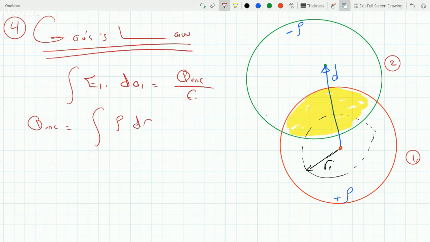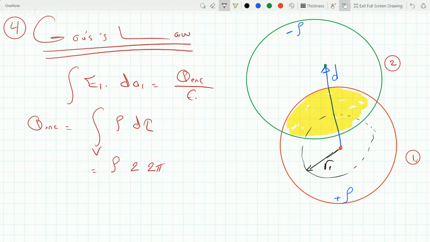Integral of rho d tau over the volume of the sphere. And this will be rho, and d tau in spherical coordinates will give us d phi from 0 to 2 pi, that gets you 2 pi. Sine theta d theta from 0 to pi gets you a 2.